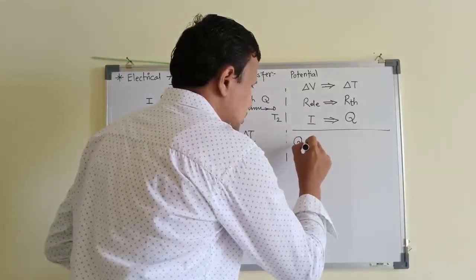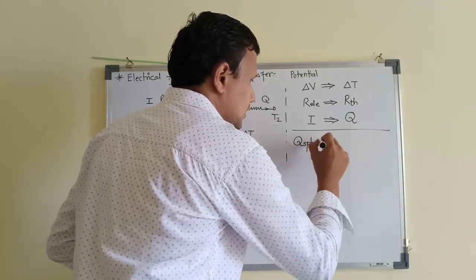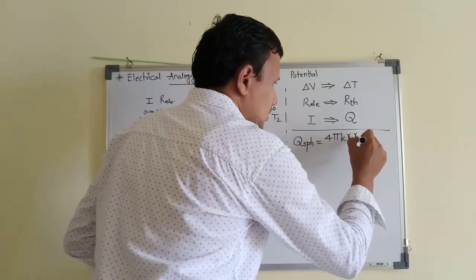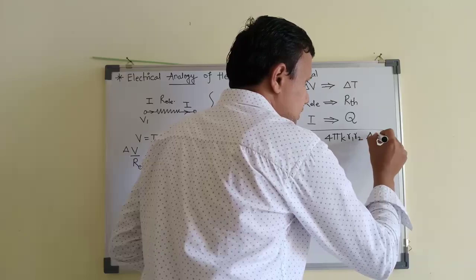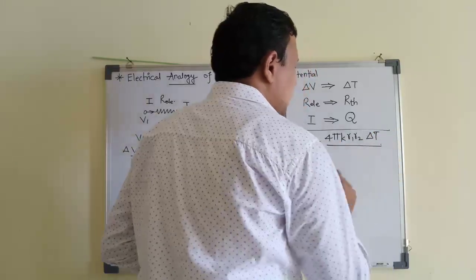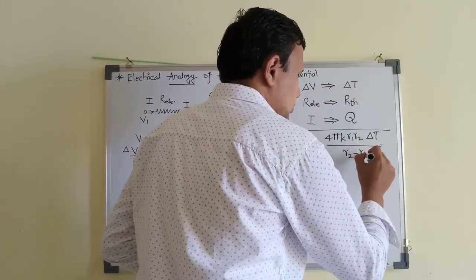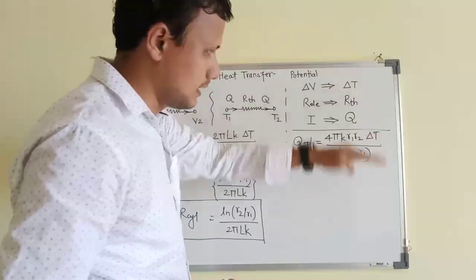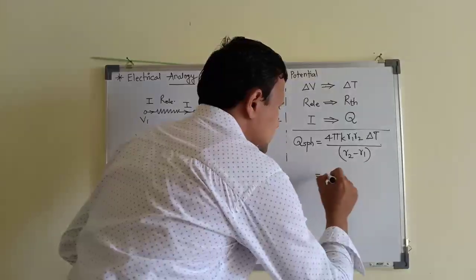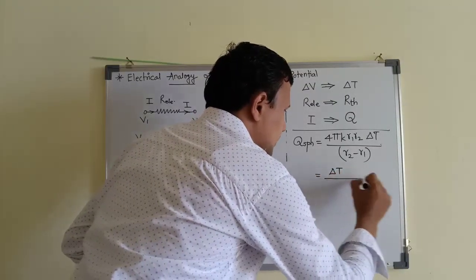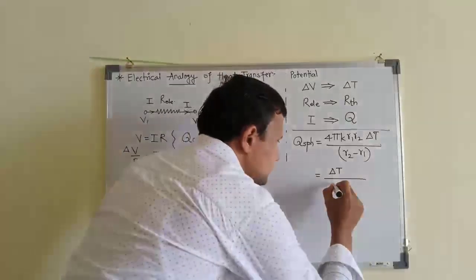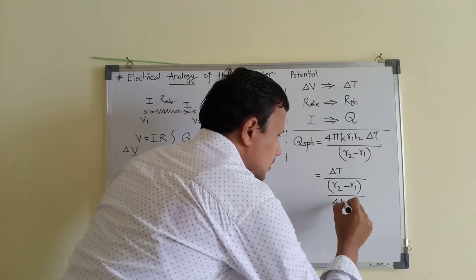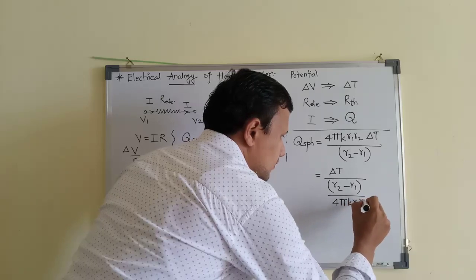We already know the Q for sphere as 4 pi k R1 R2 times temperature difference, which I will write simply as delta T upon R2 minus R1. Only delta T at the numerator, everything else at the denominator. So that gives us delta T divided by R2 minus R1 upon 4 pi k R1 R2.